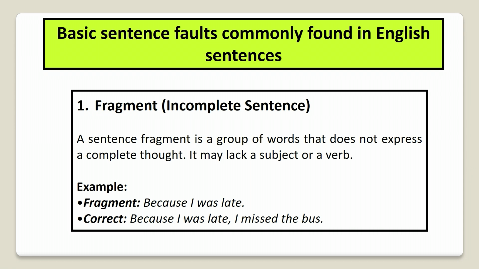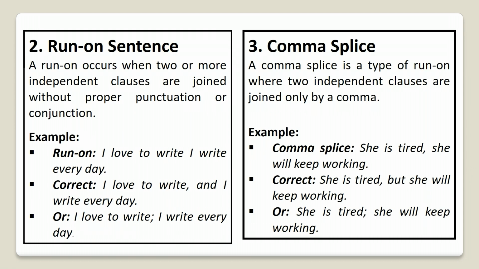Run-on sentences. The next fault is the run-on sentence. How can we improve this? A run-on occurs when two or more independent clauses are joined without proper punctuation or conjunction. Then they are called run-on sentences. For example, run-on: I love to write I write every day. Here there is no comma, no punctuation. What will be the correct sentence?